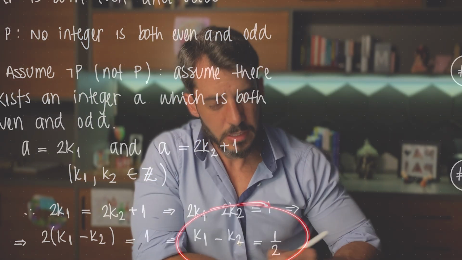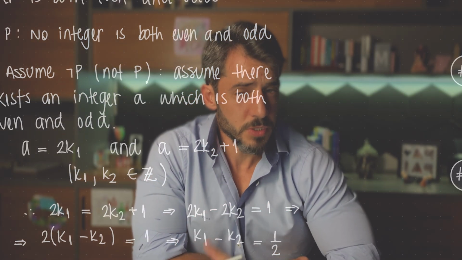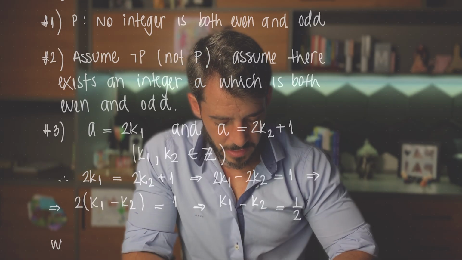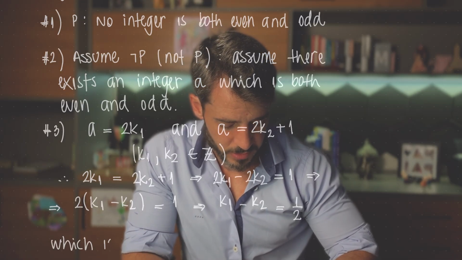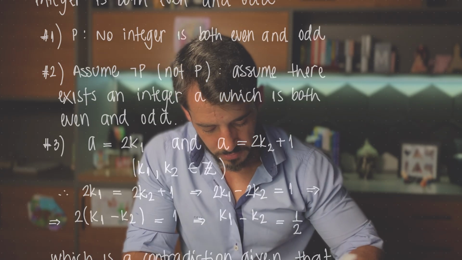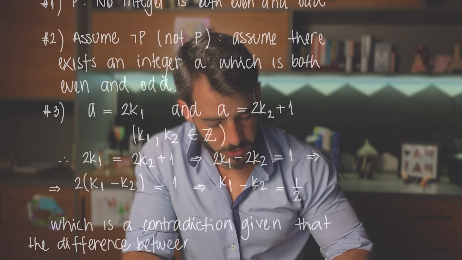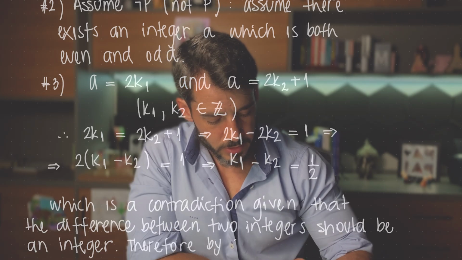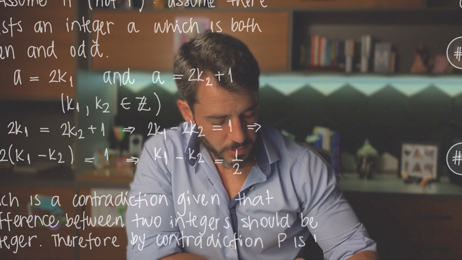Here lies the contradiction. The difference between two integers should be an integer. So that's exactly what you should write, which is a contradiction, given that the difference between two integers should be an integer. Therefore, by contradiction, the statement P is true.